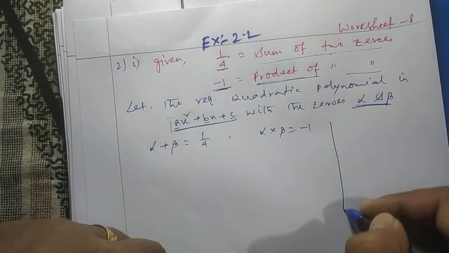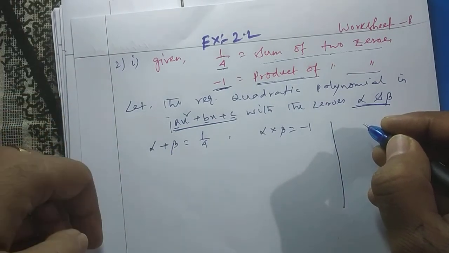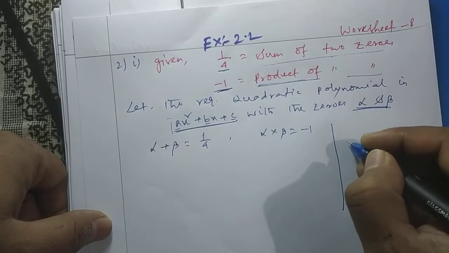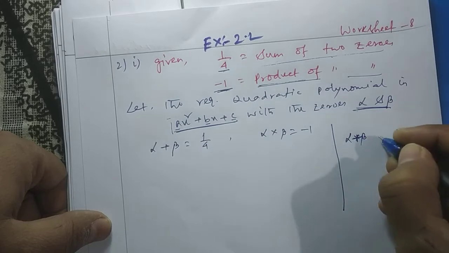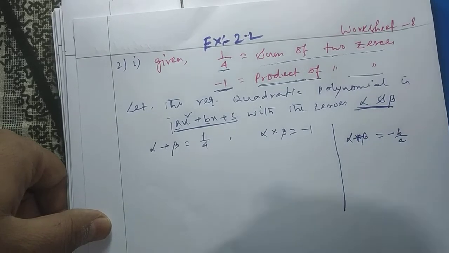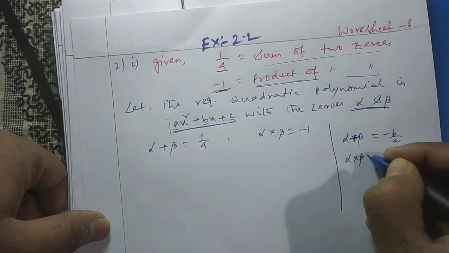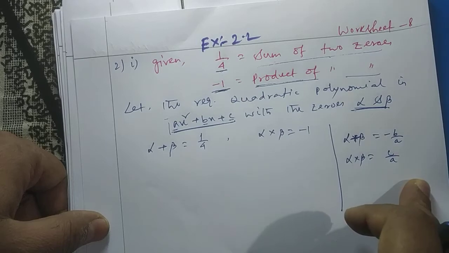And already we know, because we had two relations from the previous video. Already we learned in the previous video. What we had? We know alpha plus beta equal to minus b by a, correct? Similarly alpha into beta equal to c by a. So we had these two relations.